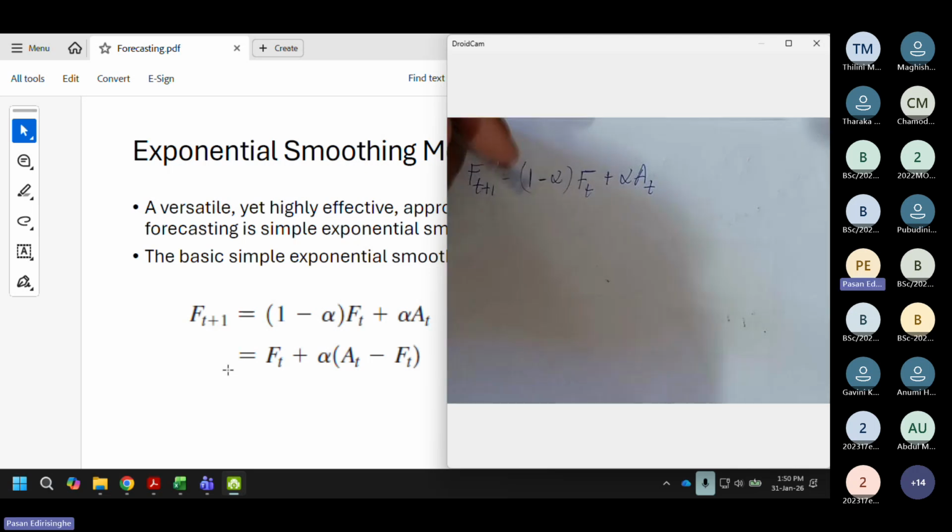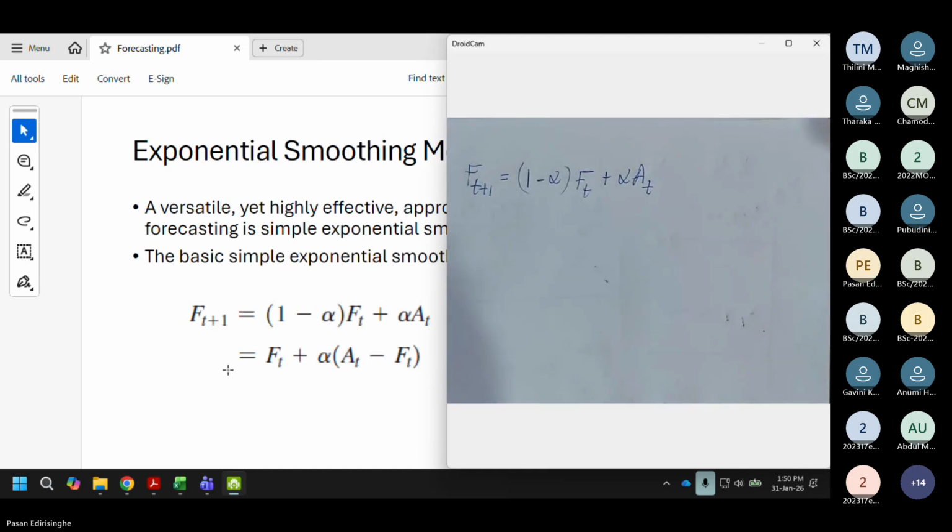What does it actually do? You can notice that this will depend on alpha. So our target is that we have to find suitable values for alpha as well. We'll see what suitable values we can have for alpha.